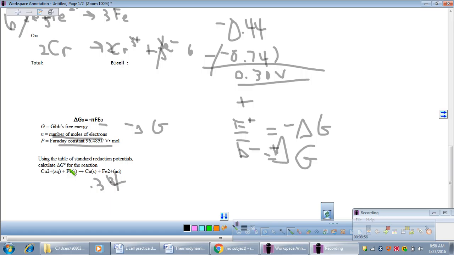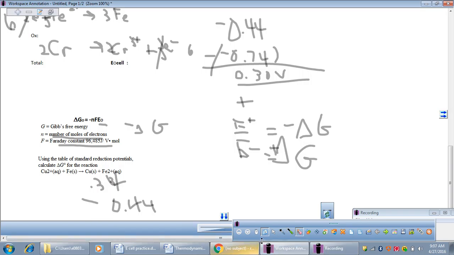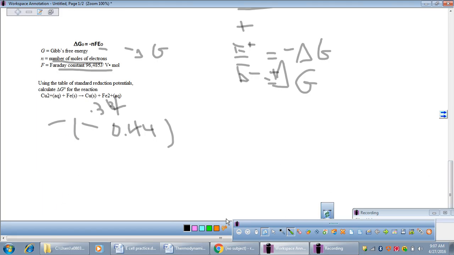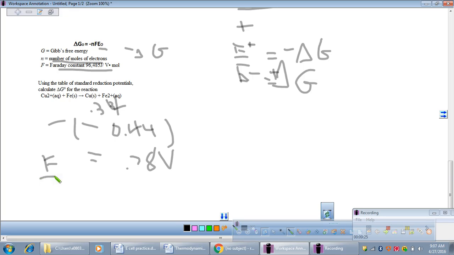And then iron is being oxidized, and its reduction potential is negative 0.44, but we're going to change that to positive because we are changing it to an oxidation. All right, then add those two numbers together, you get 0.78 volts for your E cell.